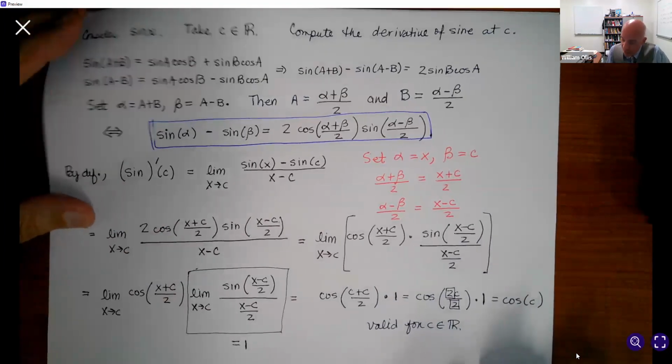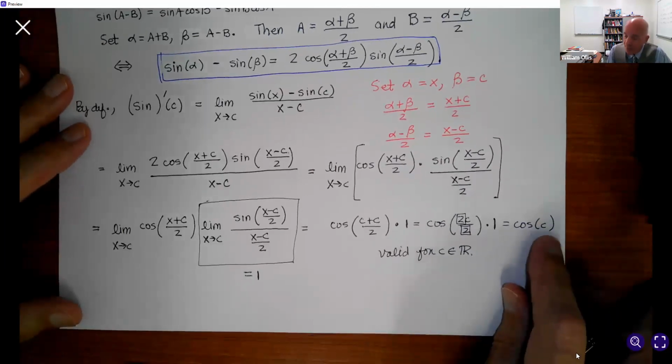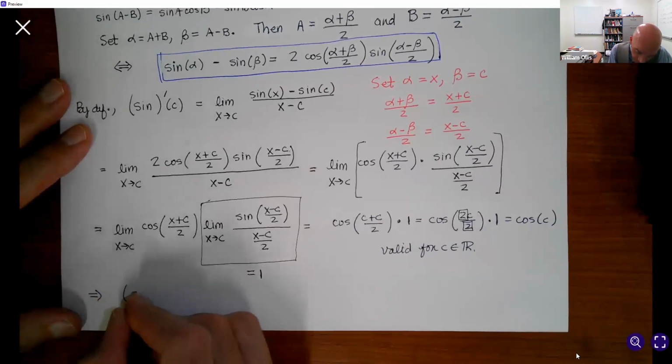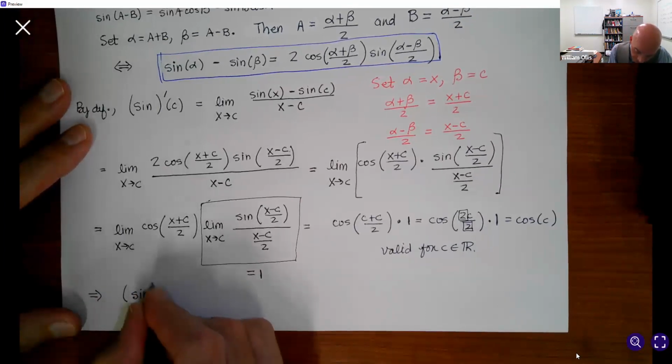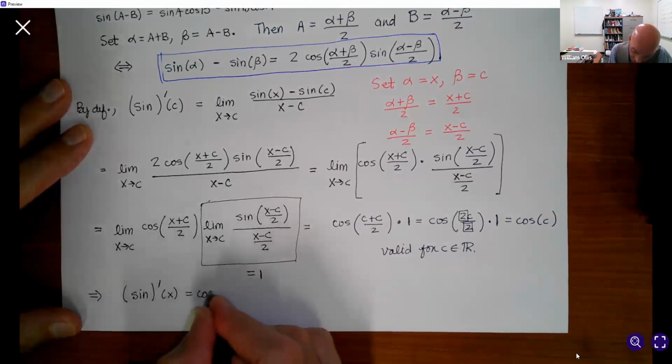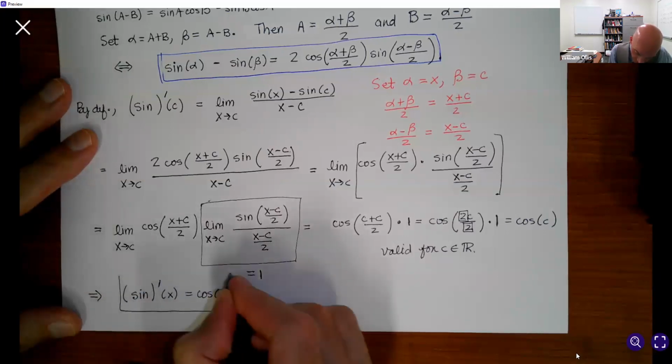Therefore we can just replace the c with x. This implies the derivative as a function of x, evaluated at x, is just cosine of x. That's a major result.